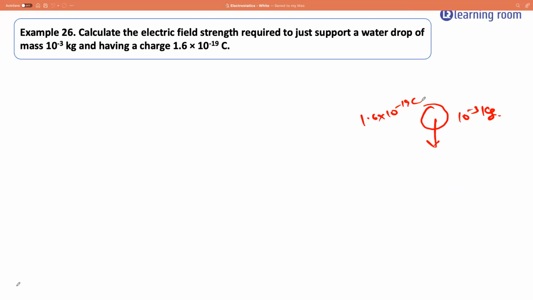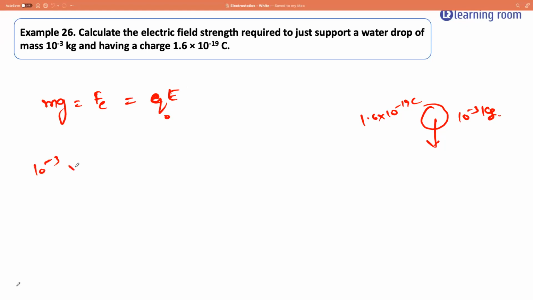How to do this? We need to find the force by MA. Force is equal to M into A. Mg should be balanced by the electrostatic force, that is equal to Q into E, or Q naught into E, whatever you call it.